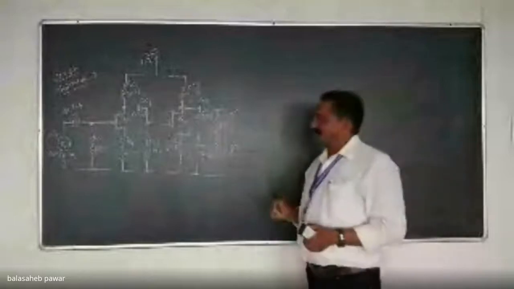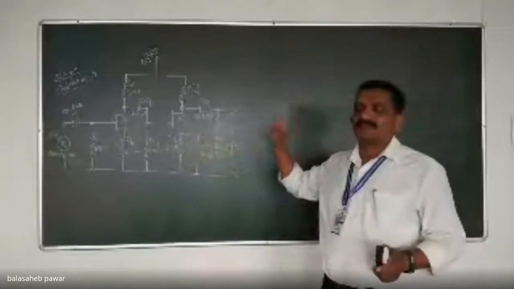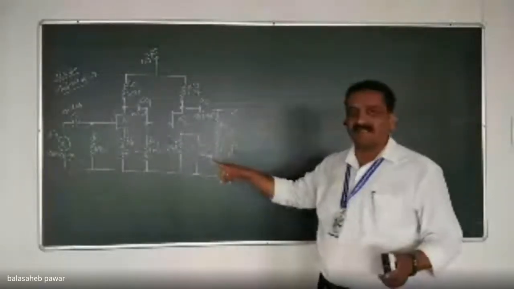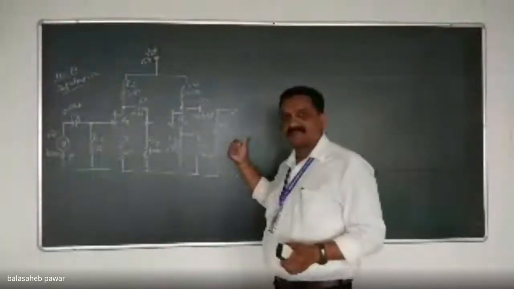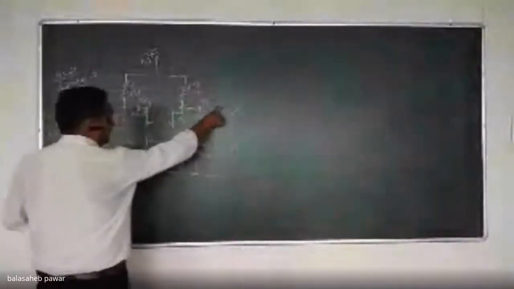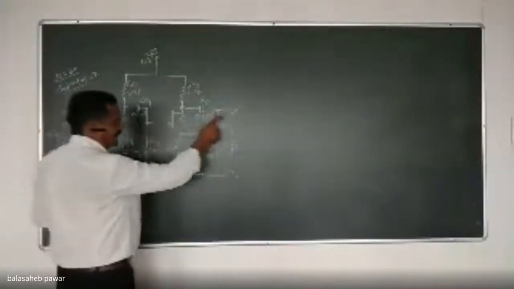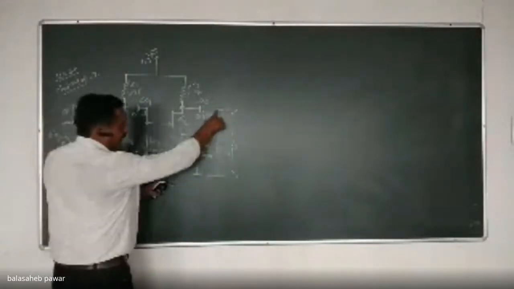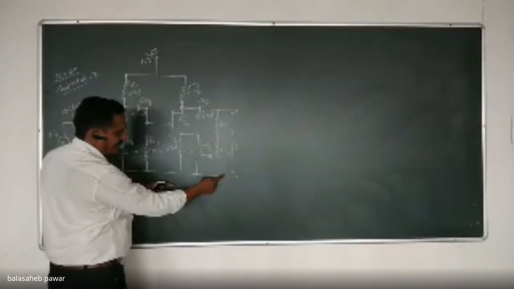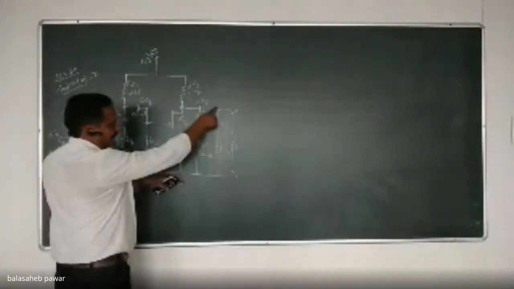Now, to draw the input circuit, that means to check the effect of the feedback on the input side, what you have to do? You have to consider the type of sampling. If you consider VO equals 0 to draw the input circuit, you will observe that the feedback resistor, initially it was over here, will get grounded. That feedback resistor RF was originally connected to the output.